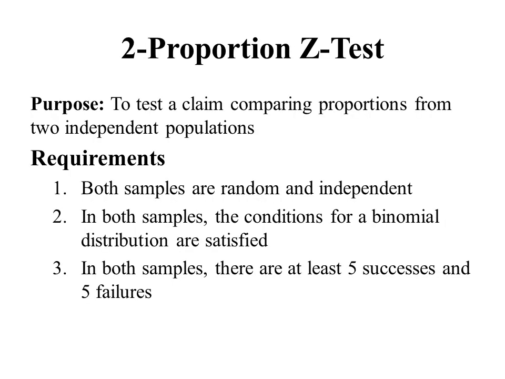So again, the test that we're using here is called the two-proportion z-test. The purpose of this test is to test a claim comparing proportions from two independent populations. Again, we need independent populations, meaning what happens to one population has no effect on the other population. In this case, our two populations are smokers and non-smokers.